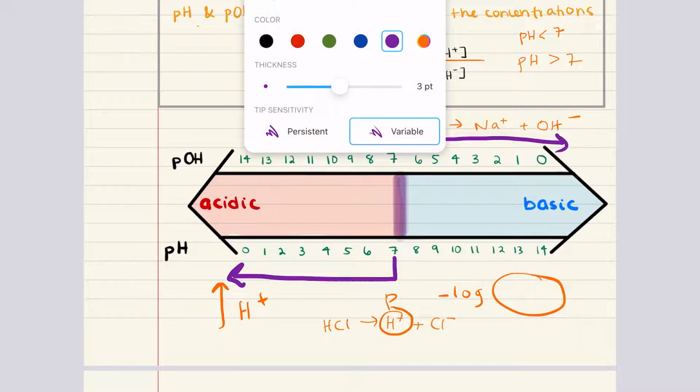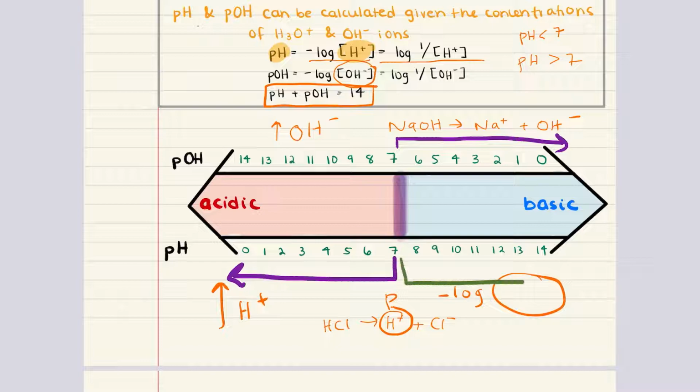Now, for a pH that is greater than 7 or a pOH that is less than 7, this indicates a relative excess of hydroxide ions and the solution is basic. A pH or a pOH that is equal to 7 indicates equal concentrations of hydrogen and hydroxide ions, and this results in a neutral solution.